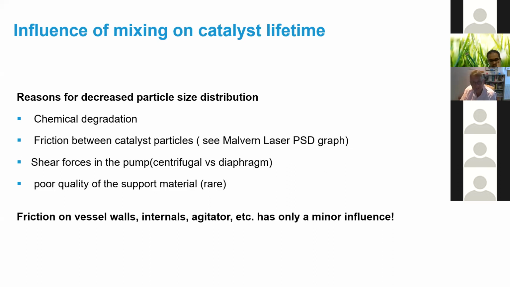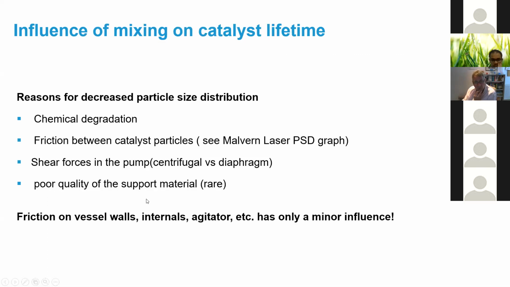If you get the chance and you're building a new plant, always choose a diaphragm pump, because this will reduce the shear forces on the catalyst over a centrifugal pump. And it is rare, but occasionally you do get poor quality support material, which starts to fall apart rather quickly inside the reactor, but that's rather rare.